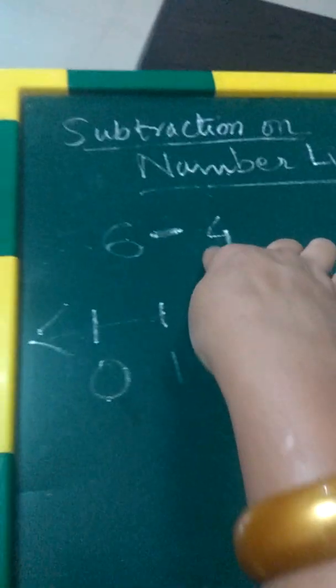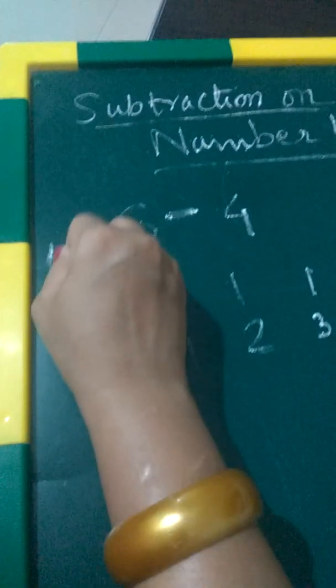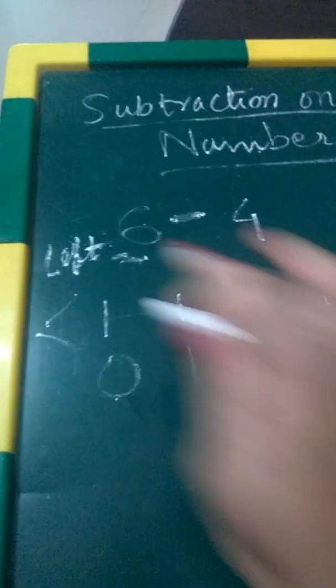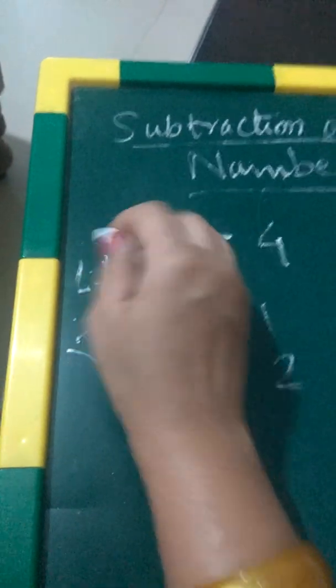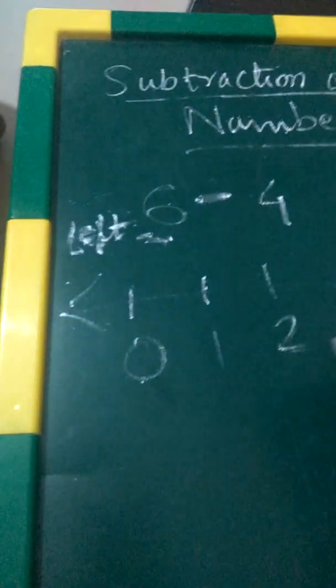Then I have to jump 4 steps. And minus sign means I have to go towards the left side. Minus sign always means that we have to go this side.